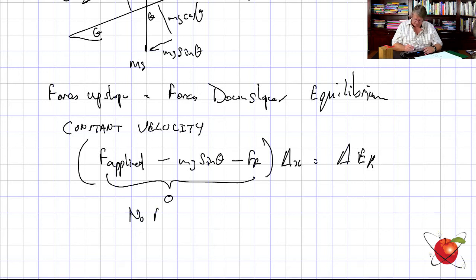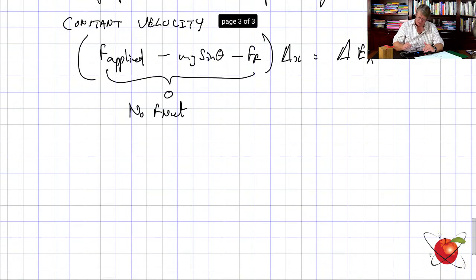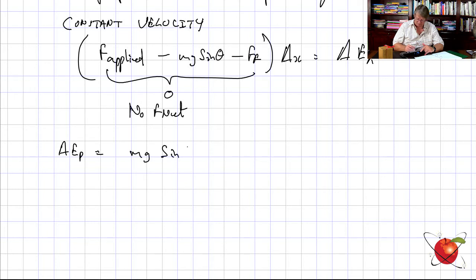No F net, so no change in EK. Yes, we're going to have an EP change, which is mg sine theta delta x. So in that case, my delta EP is equal to mg sine theta times delta x, like so.